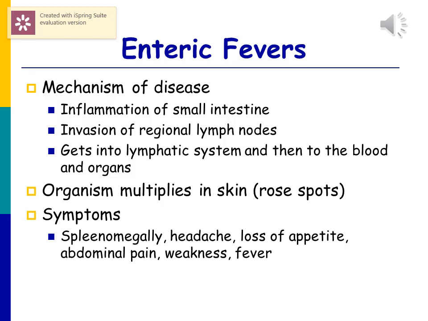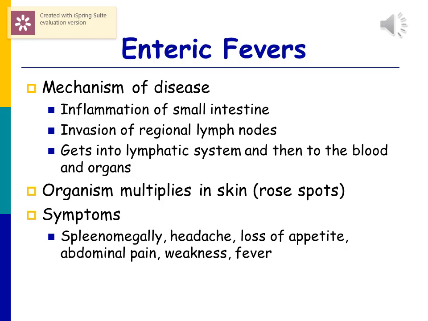Salmonella also causes enteric fevers, and this is due to the inflammatory reaction in the small intestines. The organism invades the regional lymph nodes. It gets into the lymphatic system and then gets into the blood and organs. So in Salmonella, where you have your enteric fevers, usually there's a rash, which is called rose spots.